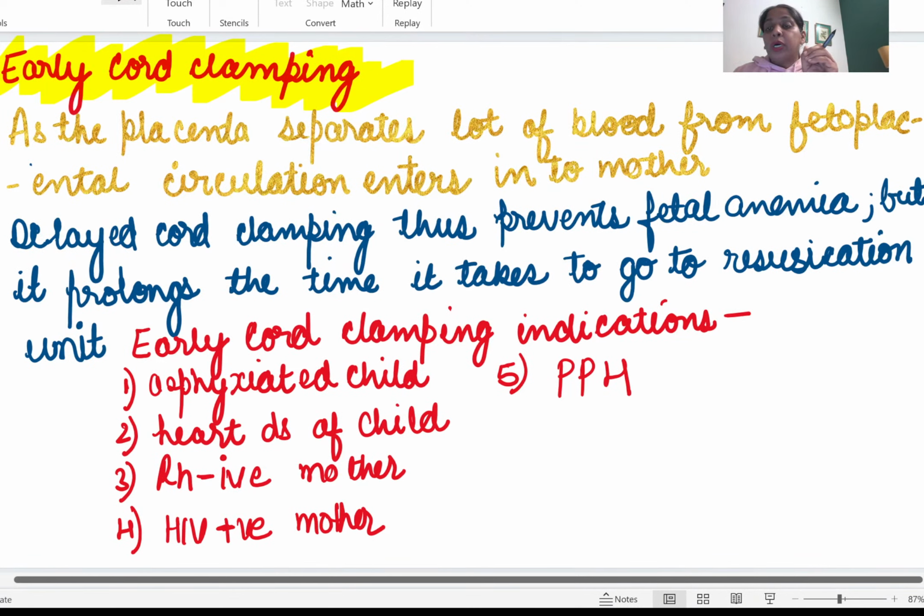So we have done retained placenta, trapped placenta, and adherent placenta. Now the placenta has come out, and we clamp the cord. Usually we do delayed cord clamping, but in some situations we do early cord clamping.